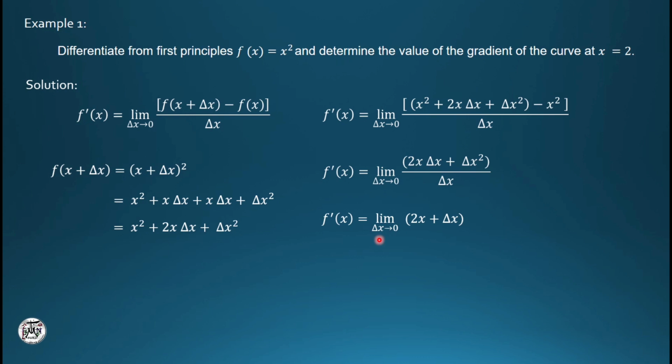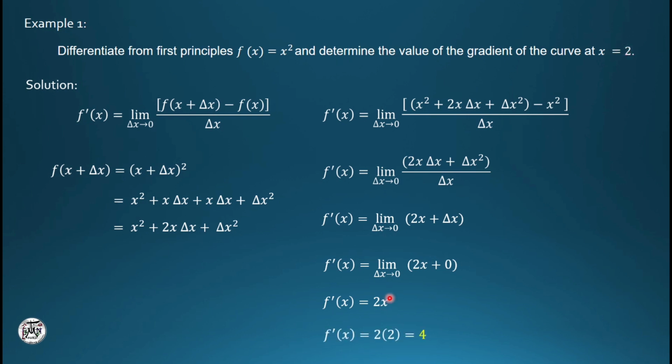Where delta x approaches 0, delta x here is 0. So 2x plus 0, therefore the first derivative of f of x is equal to 2x. Again, we find the value of the gradient of the curve, and we have the value of x, so substitute the value of x here.